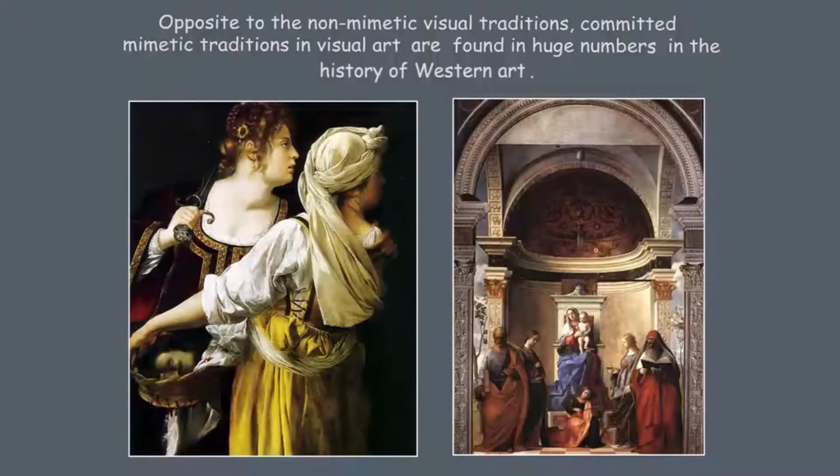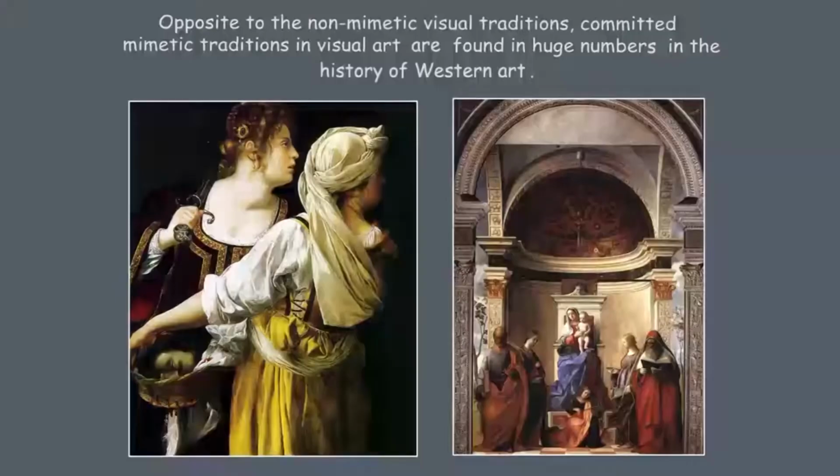But when you look at mimetic examples like this, as opposed to non-mimetic visual traditions, mimetic traditions are usually committed to very strong reference and very convincing rendering of visual forms, and they are found in huge number in Western art history.